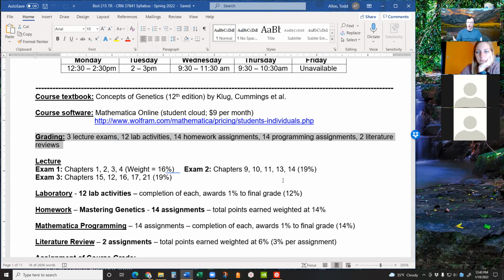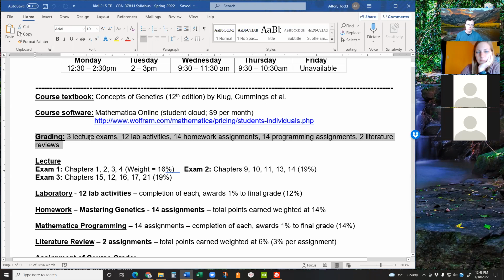Whatever grade you earn on lecture exam 1, if you earn 87% on lecture exam 1, you've earned a B on the exam. But when it comes to the calculation of your overall course grade, exam 1 will count as 16% of your overall course grade, okay? Same reasoning and logic for exams 2 and 3.